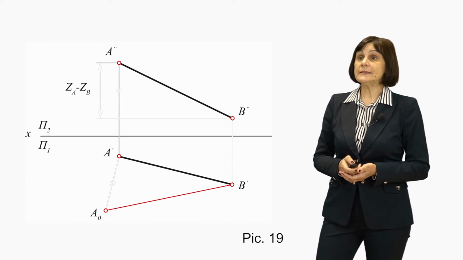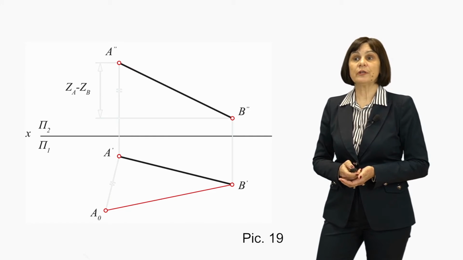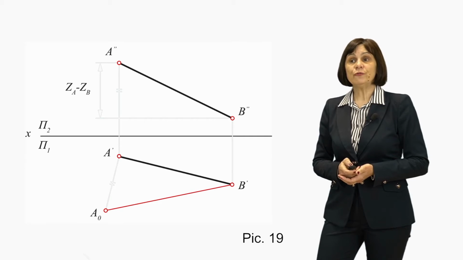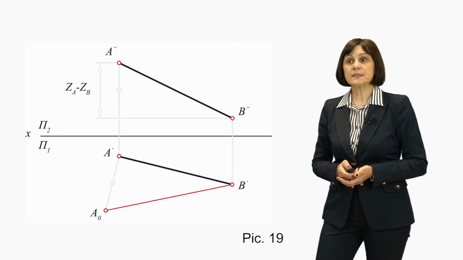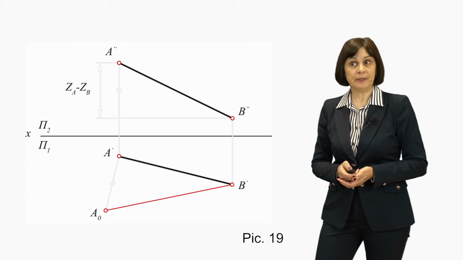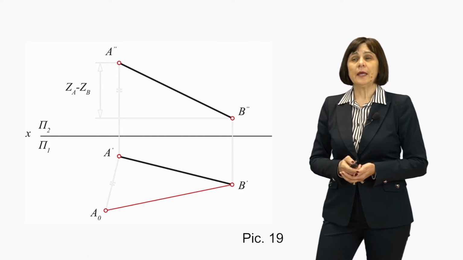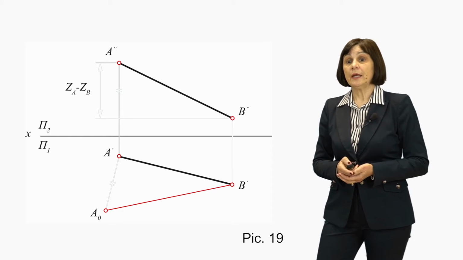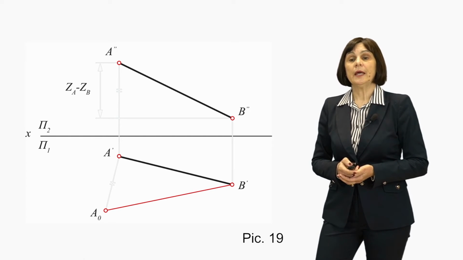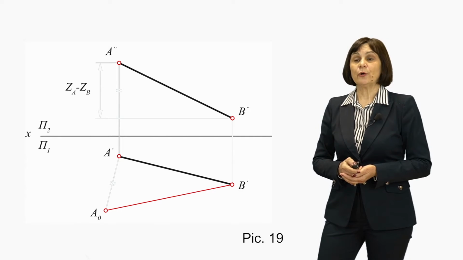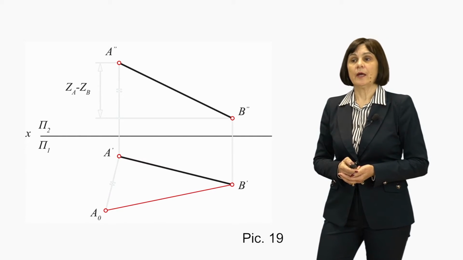We can see here the construction of a natural value of this segment. To find the full size of segment AB, we need to construct a right triangle AB, A0 on the horizontal plane.